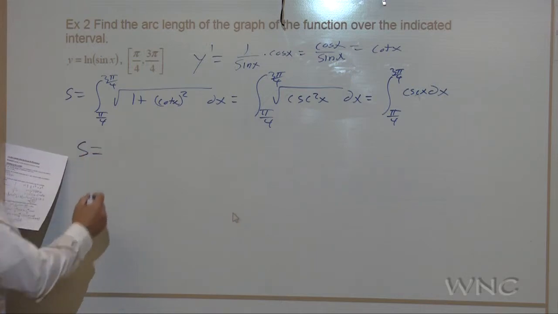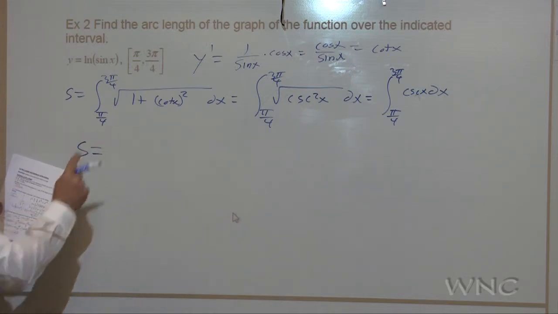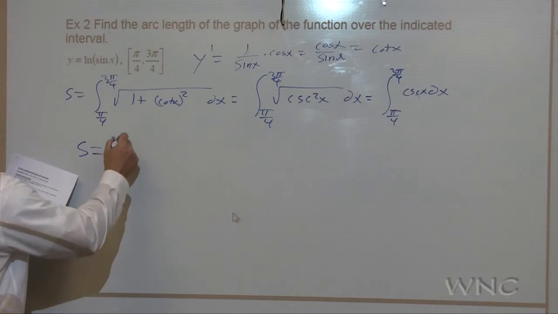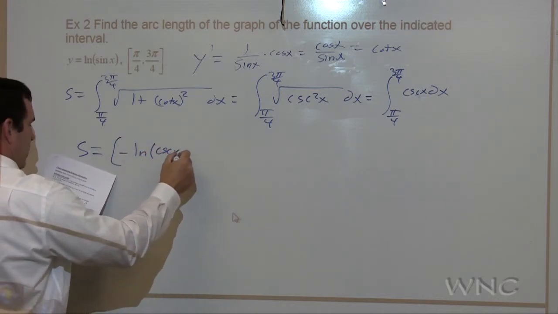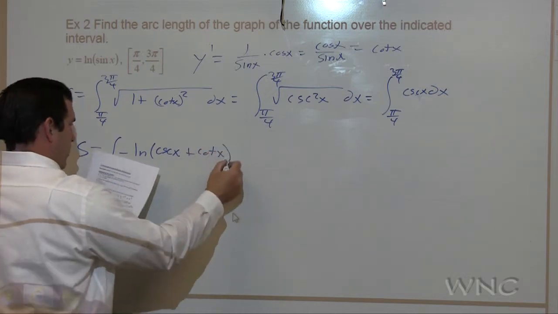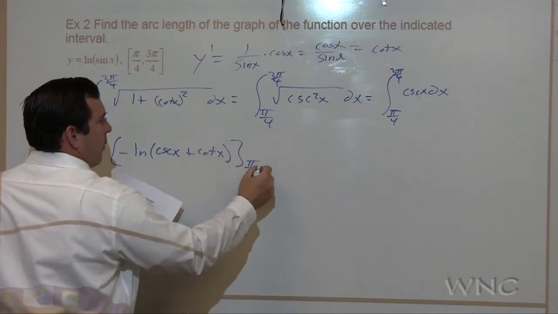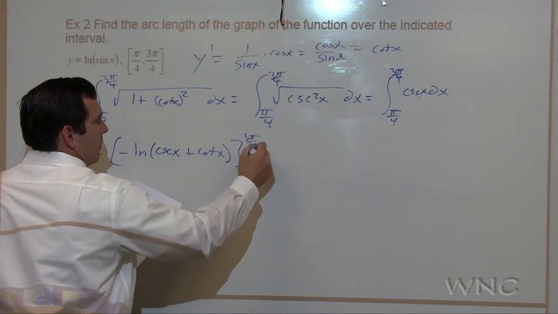So s would become, if you look this up on the chart, the negative natural log of cosecant x plus cotangent x from pi over 4 to 3 pi over 4.